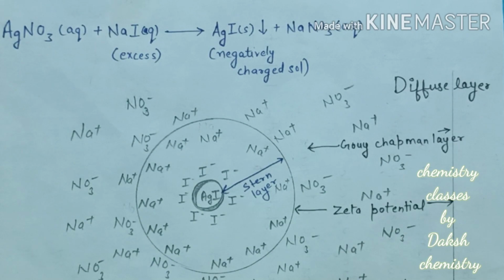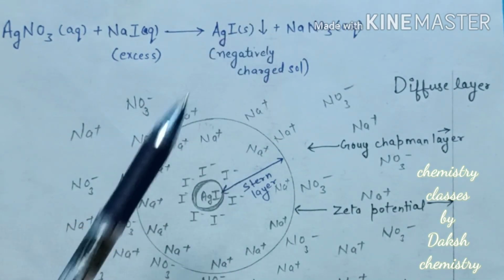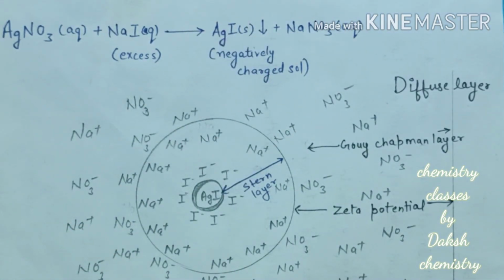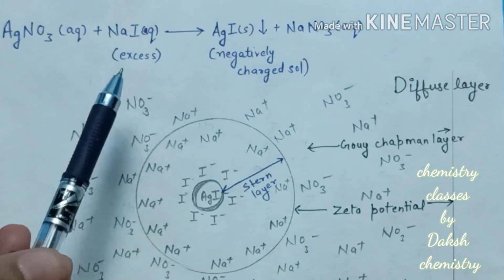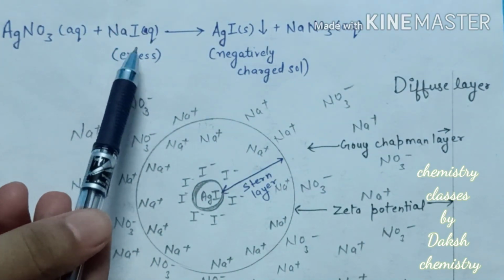For a better understanding of the electrical properties of colloids, or the concept of the electrical double layer, we will consider the formation of silver iodide sol. How can we prepare it? Add silver nitrate solution to excess sodium iodide solution.